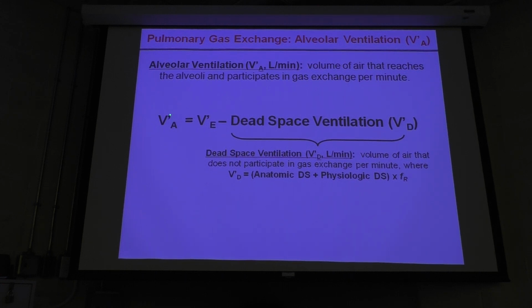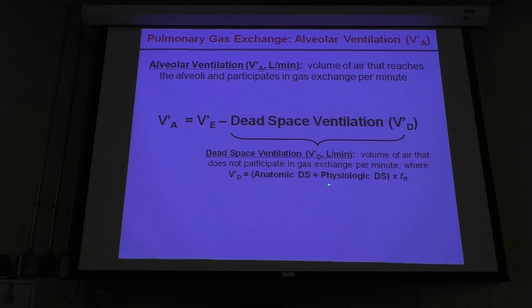Anytime you see V dot A, V dot O2, V in this case apostrophe A, because going in and putting in text boxes and aligning the dot over top of the V is far too time consuming, the apostrophe next to the V represents a rate, which means that it's some unit over time. So the dead space ventilation is the volume of air that does not participate in gas exchange per minute, where the dead space ventilation is the sum of the anatomic and physiologic dead space multiplied by the breathing frequency.